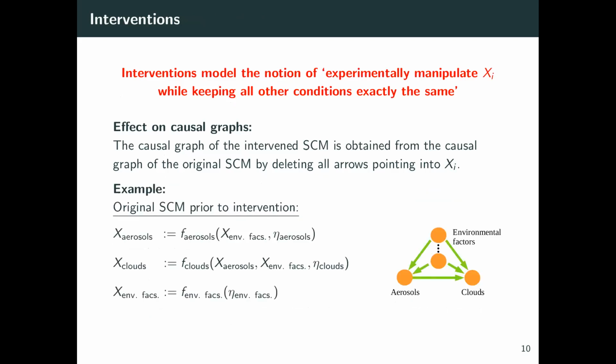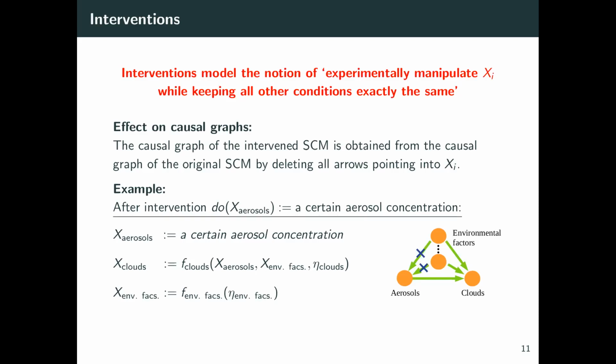So I show the same equations and the graph again. Before, when we consider the observational data, we would have this being the process that generates the data. So our observational distribution would come from this process. And if we then would intervene, that is represented by the do operator in Pearl's language, then this intervention would be structured as follows.